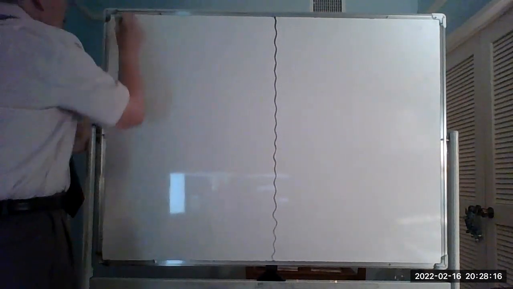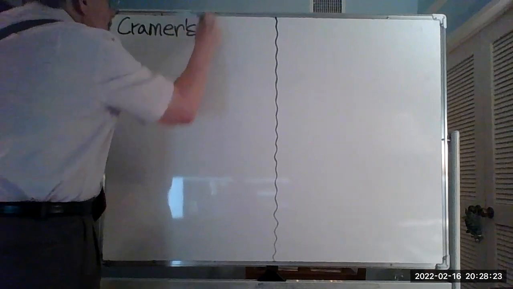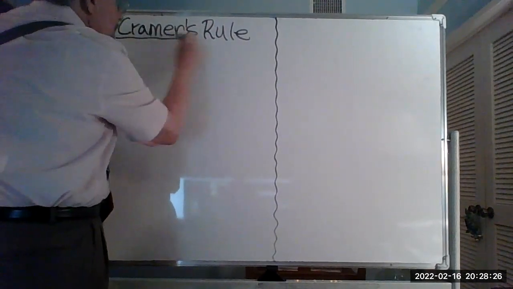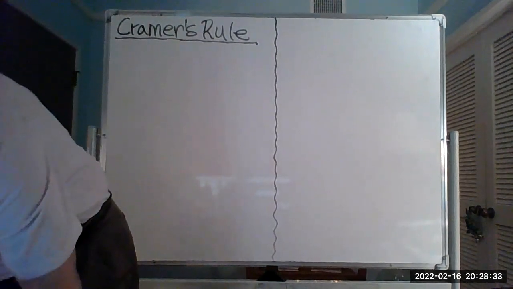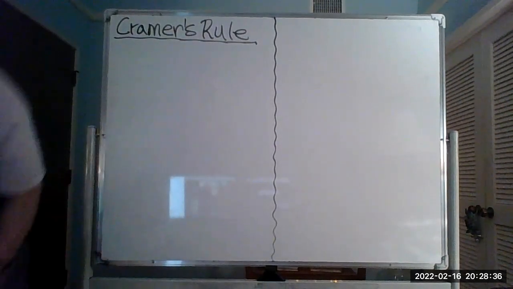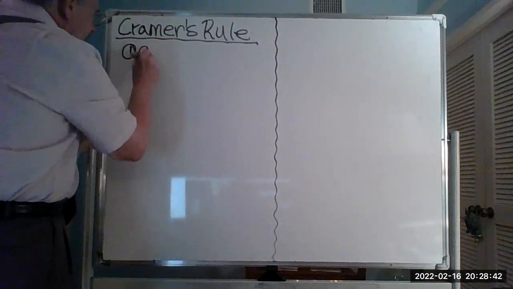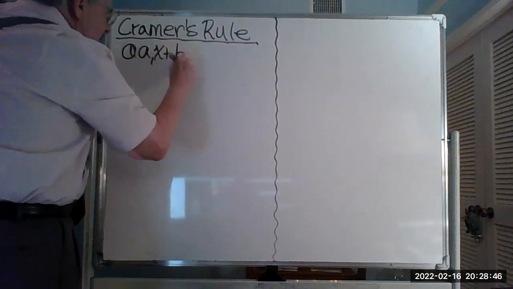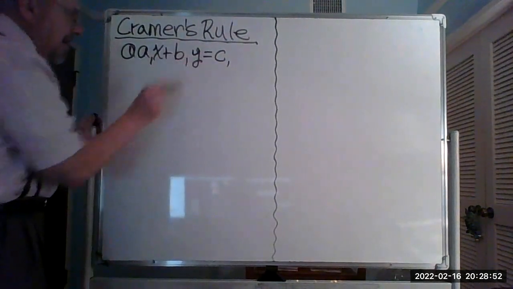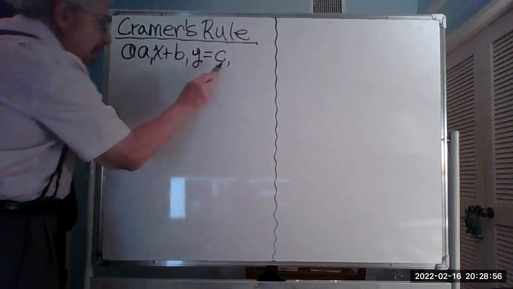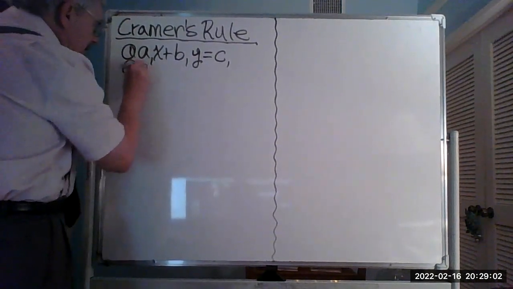Okay, so for Cramer's rule, we're just going to start off with a very basic system. So it's going to look like this. The first equation is a sub 1 x plus b sub 1 y equals c sub 1. I'm just going to use a, b, and c. The subscript 1 indicates that it's from equation 1. In equation 2, a sub 2.